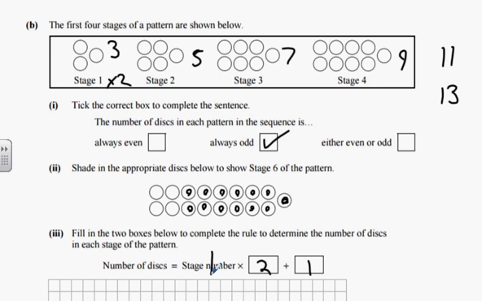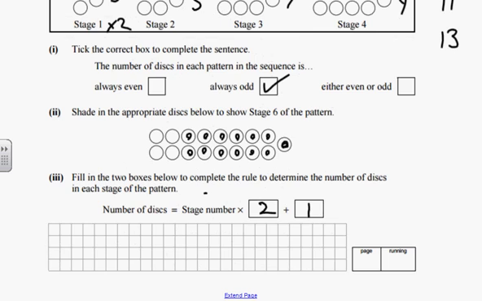There's 3 objects in stage 1. Stage 2: 2 multiplied by 2 is 4, plus 1 is 5. There's 5 objects in stage 2. If we did it the other way around, 1 times 3 is 3, plus 2 is 5, but there's 7 objects in stage 3, so not that way around. So 2 and 1. Okay.